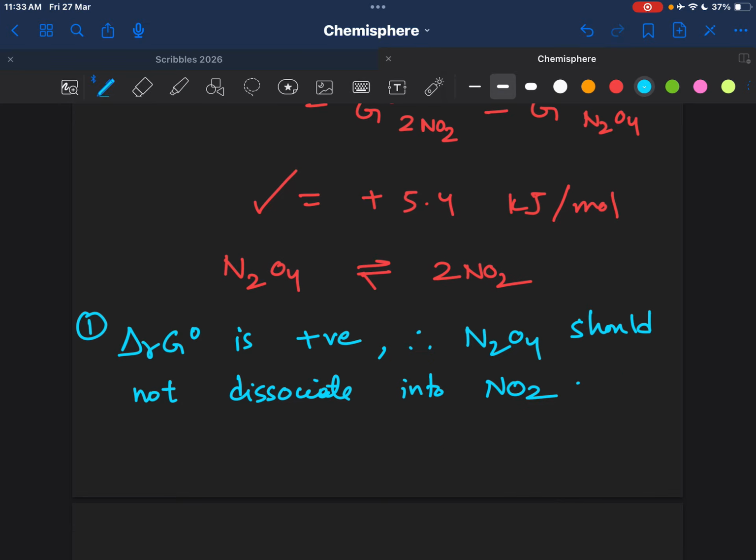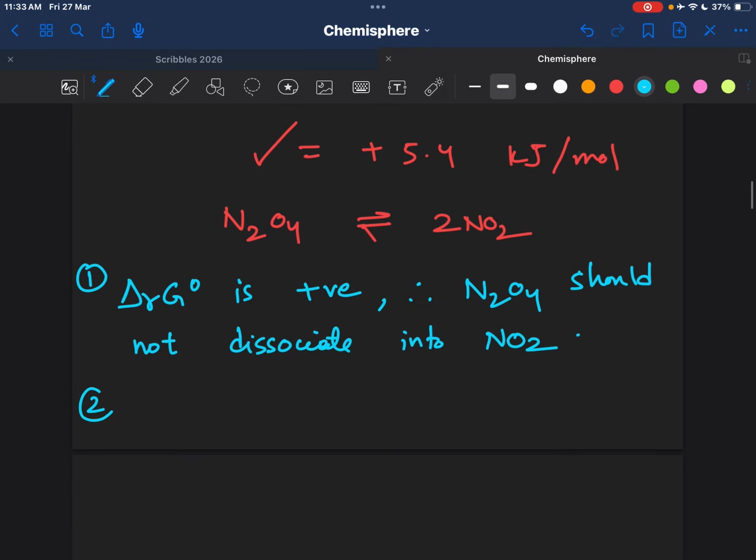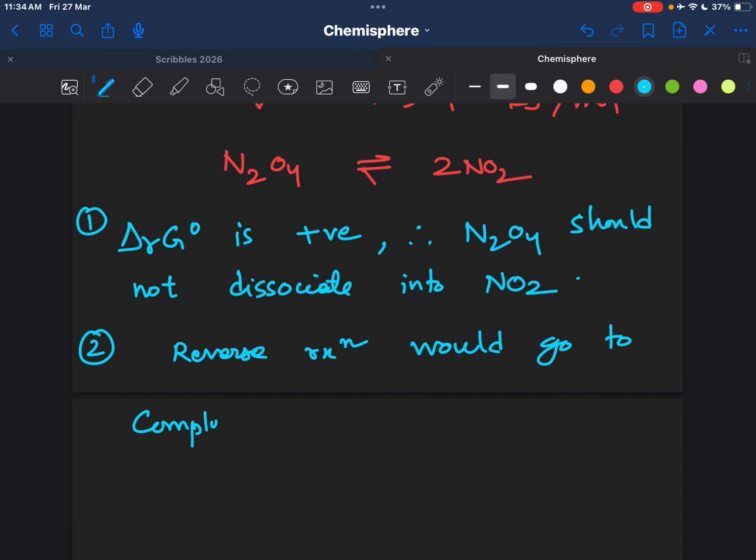So there is the first misconception. And the second misconception is that the reverse reaction would go to completion. What is the reverse reaction? That is 2NO2 reversible to N2O4, right?